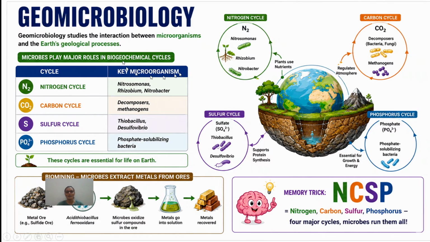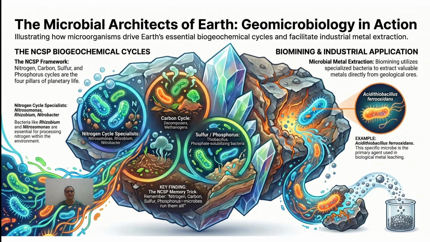So this is geomicrobiology. It studies the interaction between microorganisms and the earth's geological processes. These are the major microorganisms which play a role in the nitrogen cycle, carbon cycle, phosphorus cycle, and sulfur cycle. They are also involved in recovery of different kinds of metals by using microorganisms.